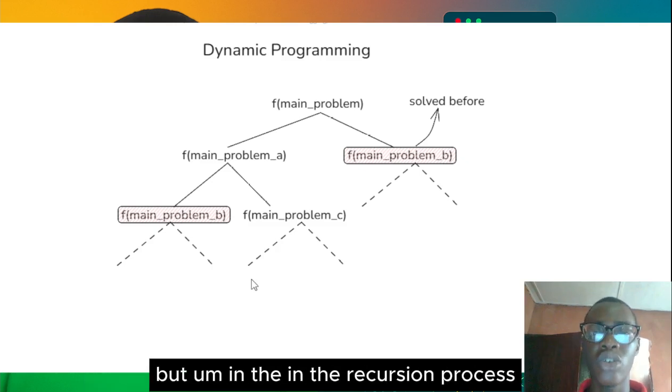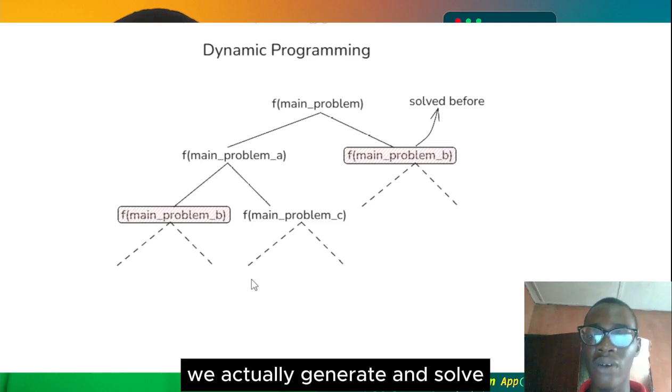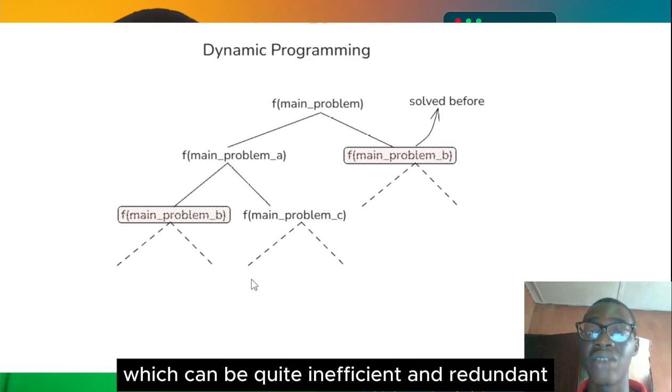But in the recursion process, we found out that sometimes we generate and solve the same problem multiple times, which can be quite inefficient and redundant.